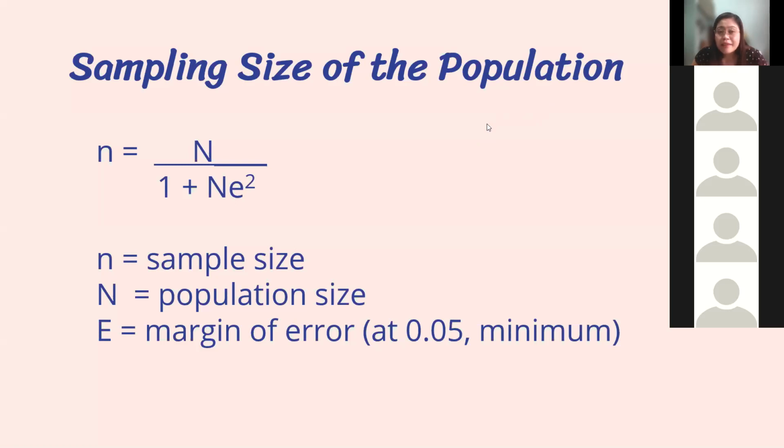You identify a population, say graduates from 2015 to 2019. You have to identify how many graduates there are from 2015 to 2019, and from there you calculate the sample size. Okay?